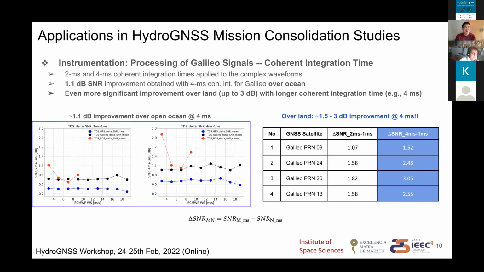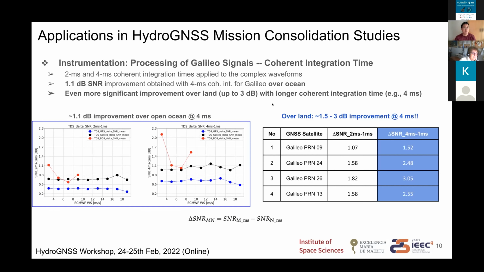To get a higher signal-to-noise ratio, we have also analyzed the optimal coherent integration time for the reflected signal. By using different integration times of 2 milliseconds and up, we computed the coherent integration gain. Over ocean, normally we have a 1 dB gain with 4 millisecond integration time.